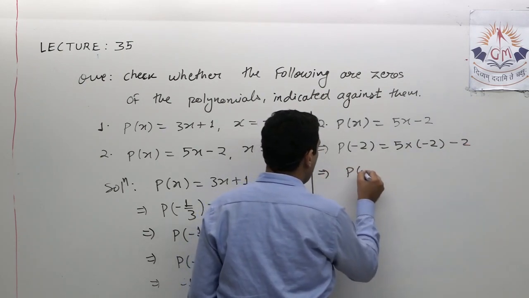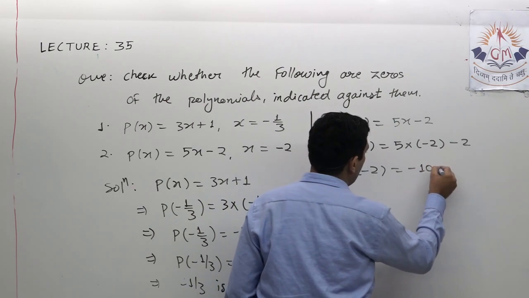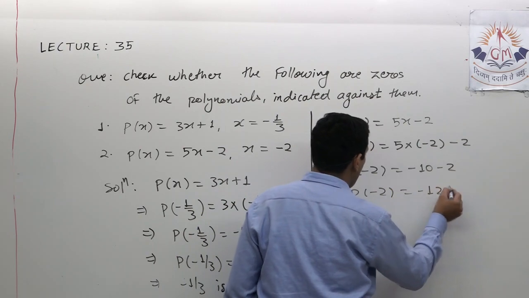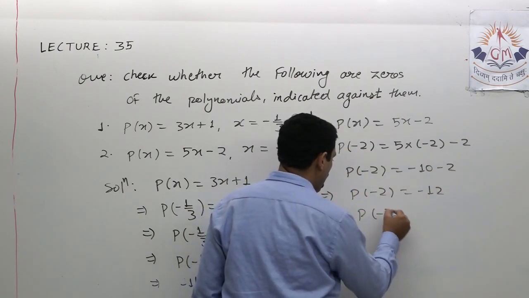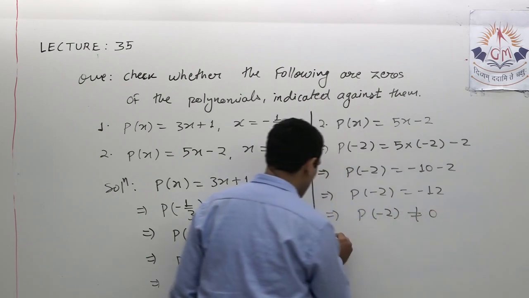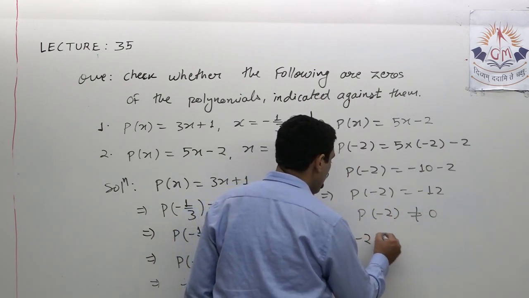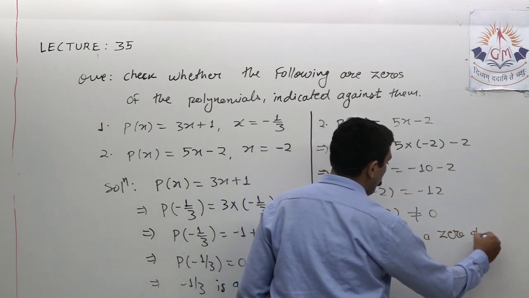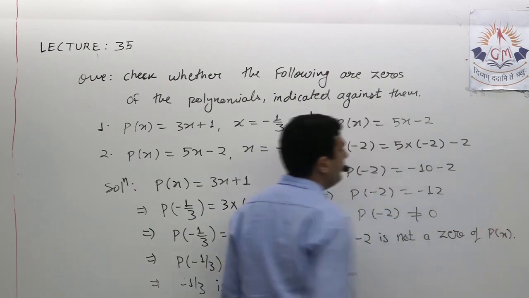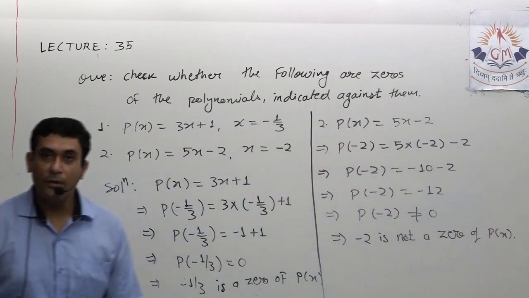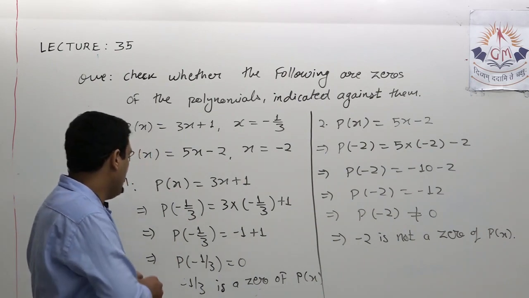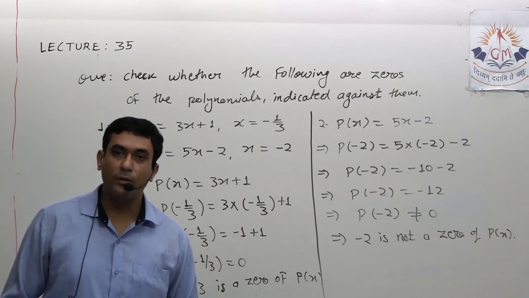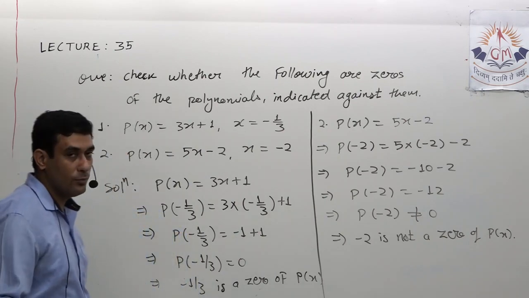So, p of minus 2 is equal to minus 10 minus 2. Therefore, p of minus 2 is equal to minus 12. But obviously, it is not equal to 0. So, I can say p of minus 2 is not equal to 0. Therefore, minus 2 is not a zero of p(x). Okay, so either it will be 0 or it won't be 0. If it is 0, we will say that the given, indicated value is the zero of the polynomial, otherwise it is not the zero of the polynomial. So, please note it down, then we come to the next question.